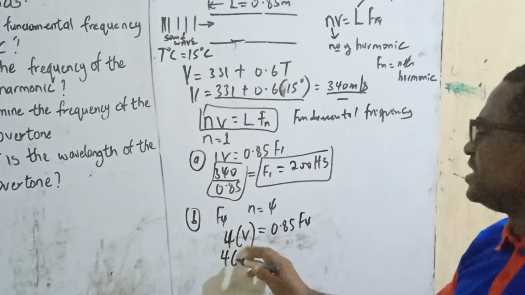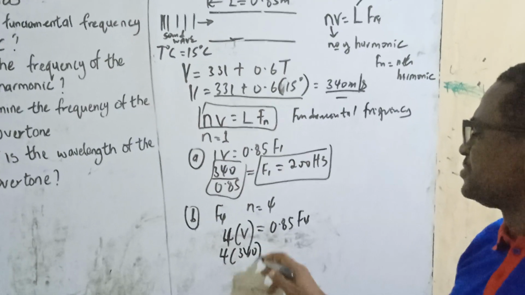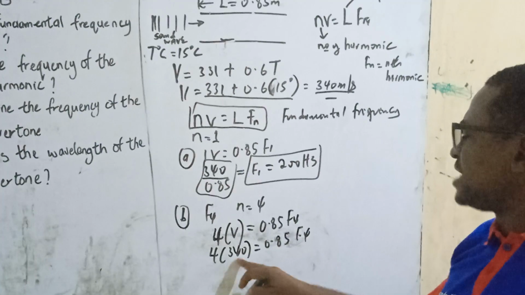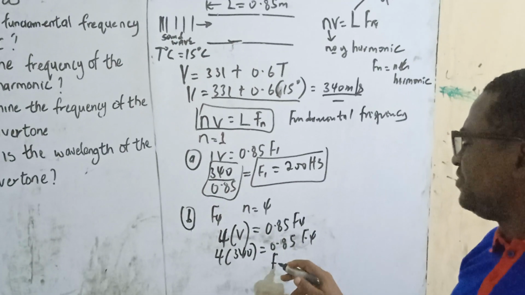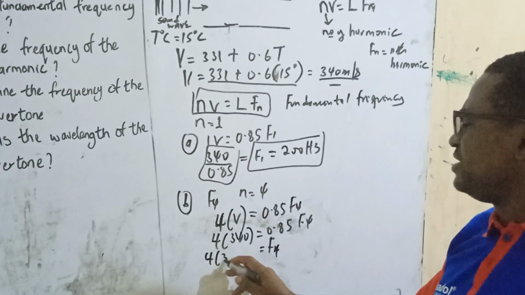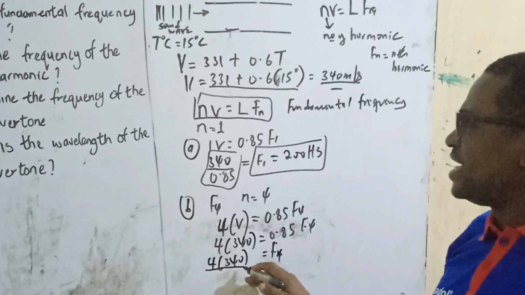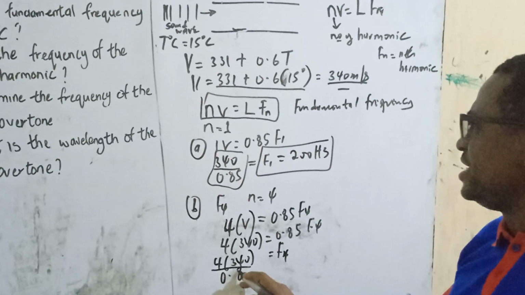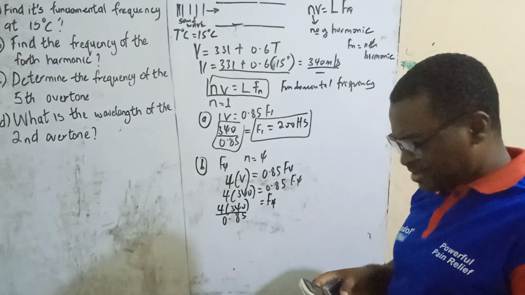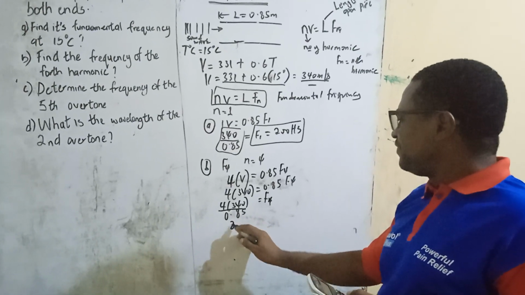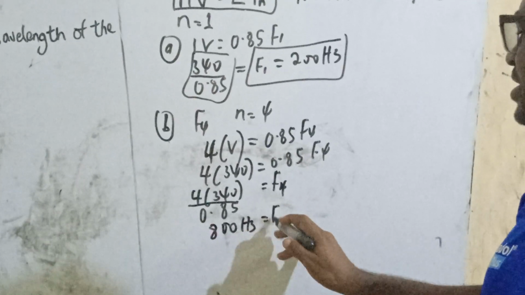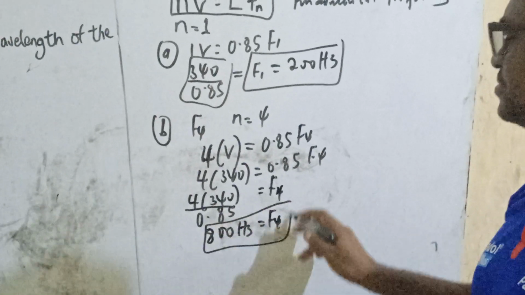That is 4 times v, which is 340, equal to 2 times 0.85 times F4. Dividing both sides by 2 times 0.85, the fourth harmonic will be 4 times 340 divided by 2 times 0.85. Pressing the calculator, we have 800 Hz. That's the frequency of the fourth harmonic.